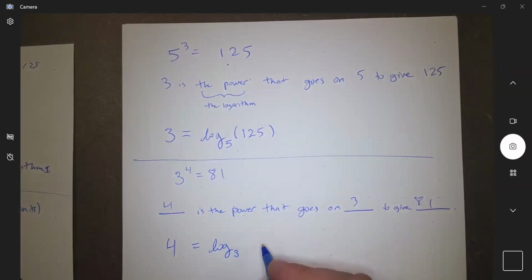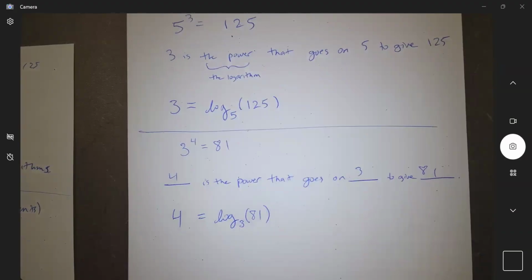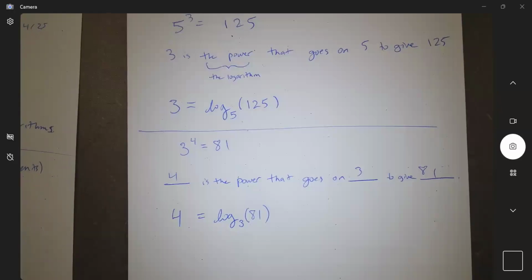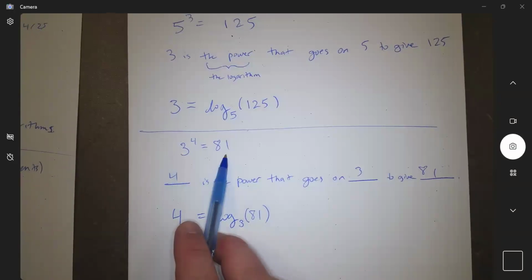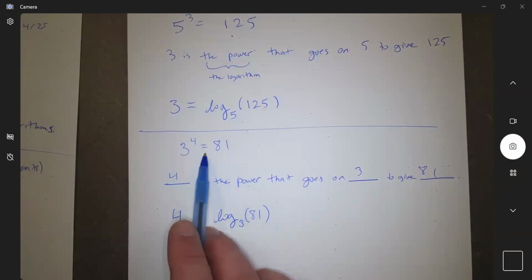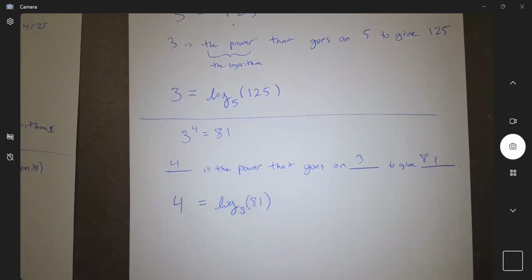Often it's written without parentheses, but I like to give it the parentheses to help me remember which is the result that goes in there. There we go. That's how you write a logarithm. That's how you convert from an exponential equation to a logarithm equation and keep all the same information.